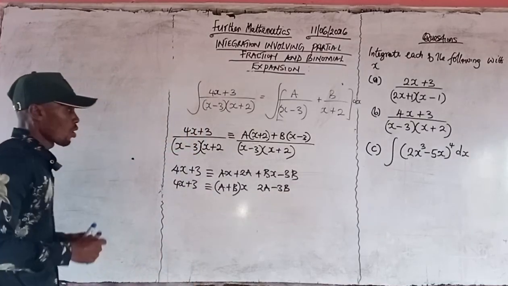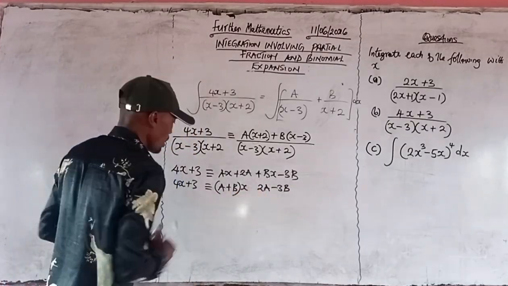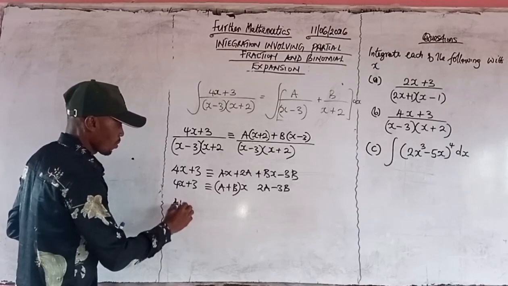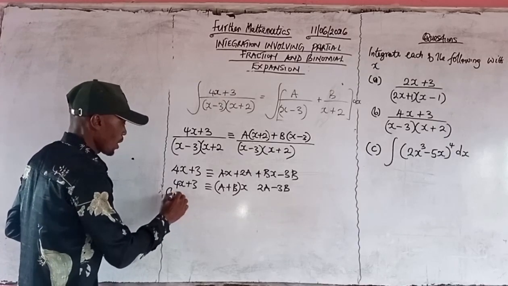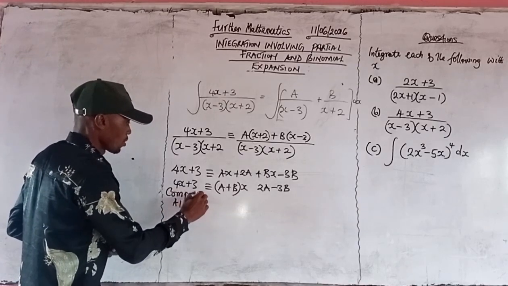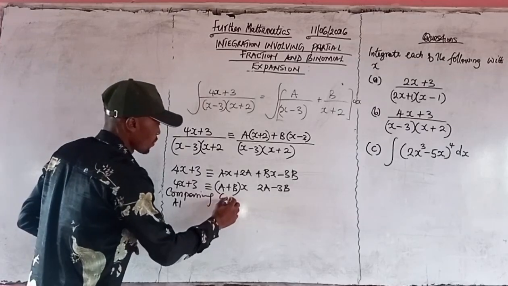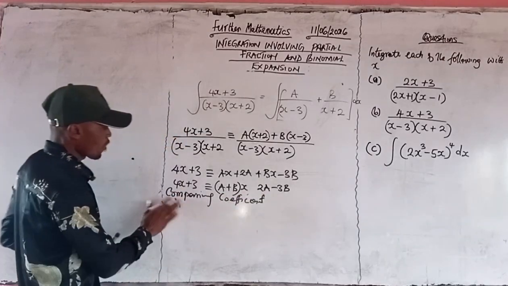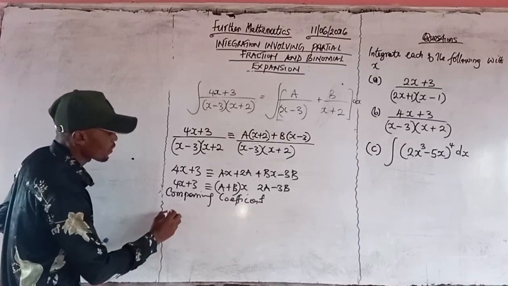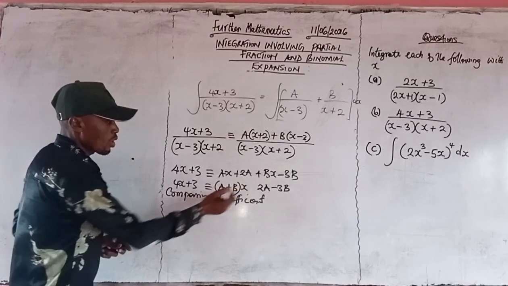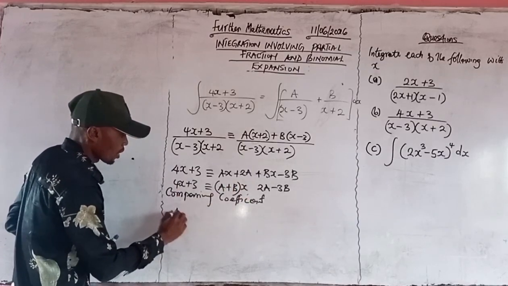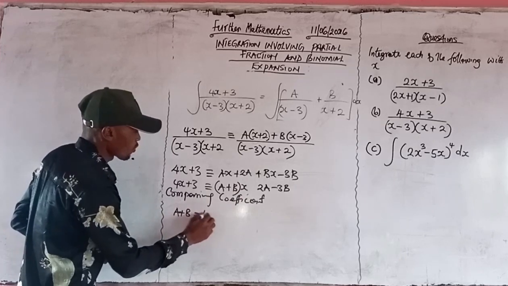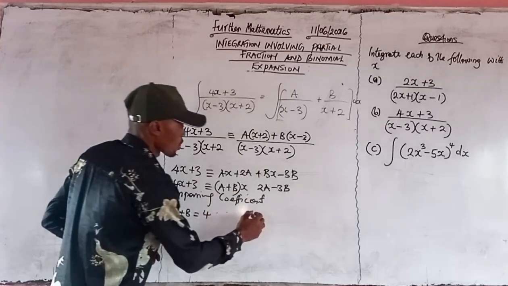Okay, so by comparing coefficients, we are comparing coefficients this time. We will have that the coefficient in terms of x, a plus b, is equal to 4. We call this equation 1.